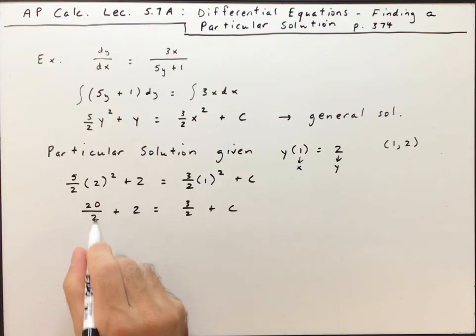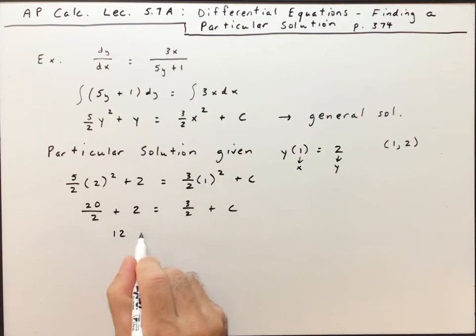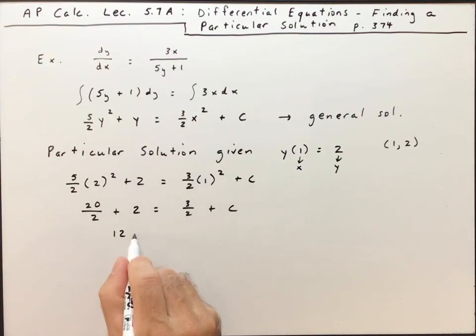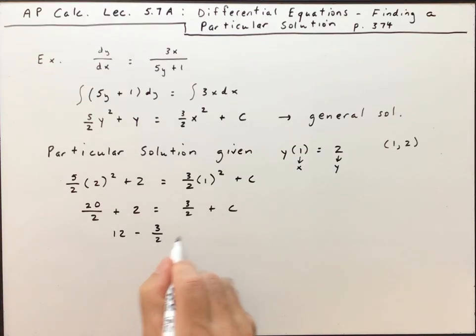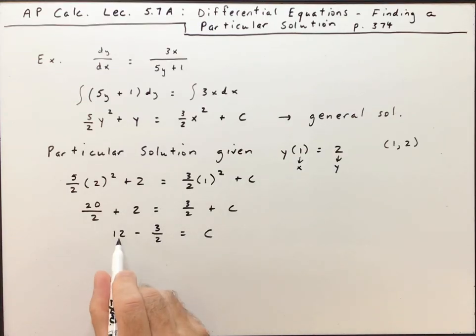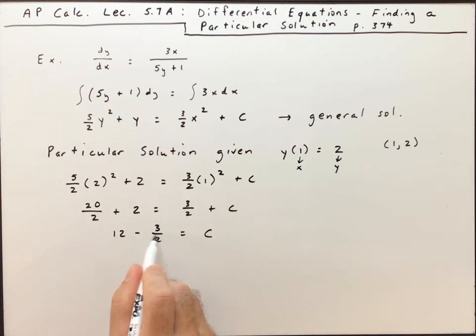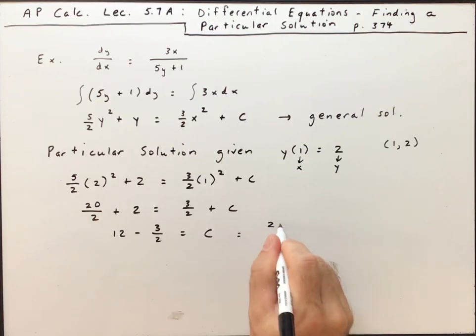So that's going to be 10 plus 2, 12, and then bring the 3/2 to the left side, so 12 minus 3/2 equals c. 12 is the same as 24/2, so 24 minus 3 would be 21/2.